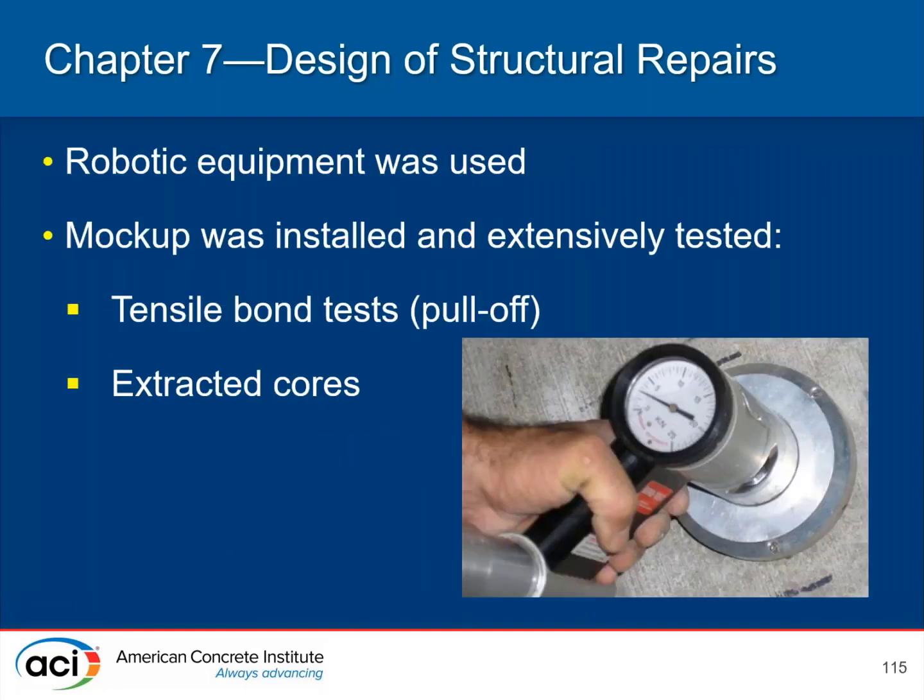In this particular case, robotic equipment was used for the hydro demolition, and a mock-up was installed and extensively tested. In accordance with the tensile bond test, as we discussed earlier, ACI 562 has provisions for use of bond testing in accordance with ASTM C1583 when evaluating concrete repairs.